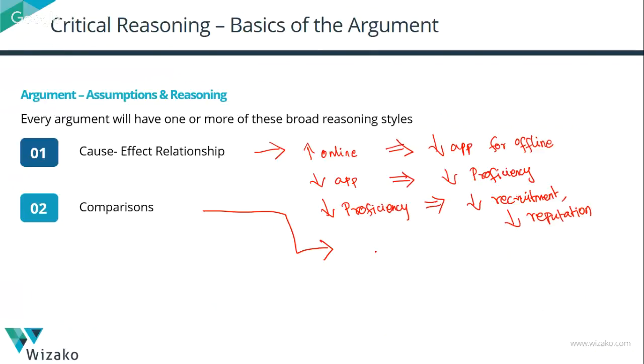We are basically saying that the online students are the cream of the crop, so the quality of the online students must be greater than the quality of the offline students, that all the good quality students are going for the online program and not for the classroom program. We are comparing the quality of the students in the online and the classroom levels. So the students' quality is being compared in the argument.